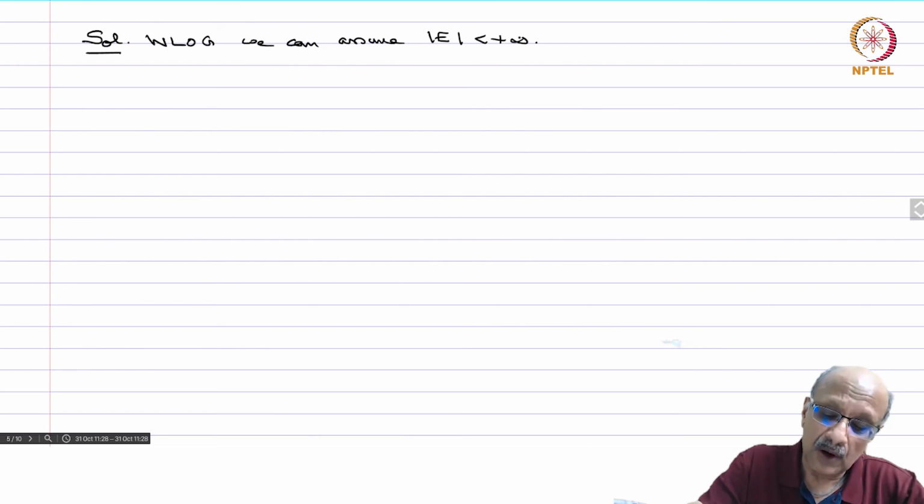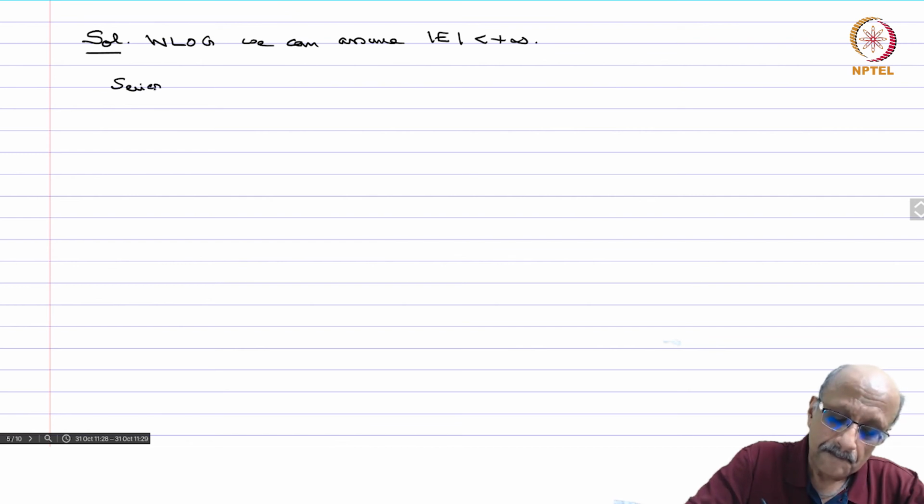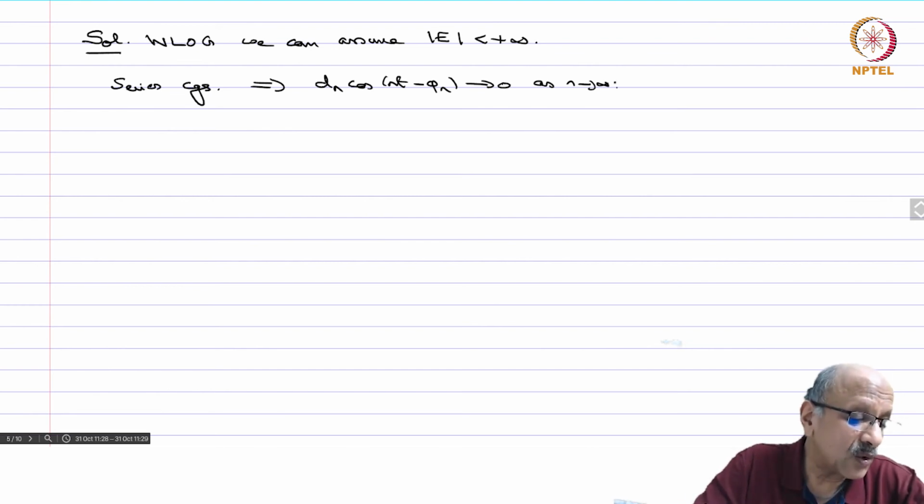So there's no problem in assuming that the measure is finite. Okay, so the series converges. That means the general term has to go to 0. So this implies that dn cos(nt minus phi n) tends to 0 as n tends to infinity. This is the general term of the series; of any convergent series it has to go to 0.